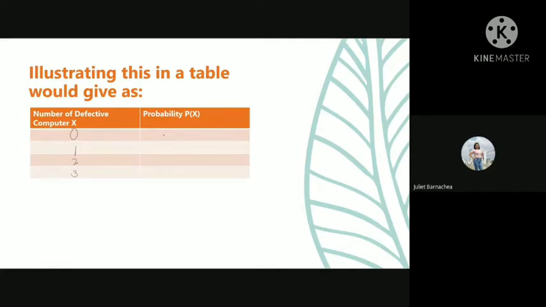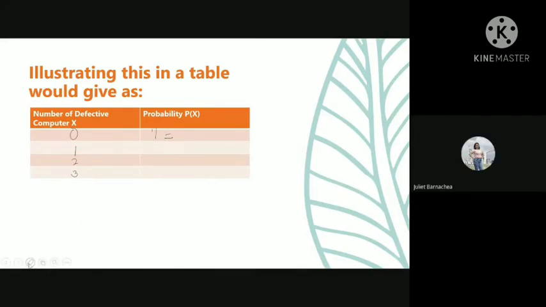Pwede rin naman kasi siyang decimal. So, yung 1 over 8 natin, ano siya sa decimal? Sige nga, calculator nyo nga. Ano ang 1 over 8? 0.125.